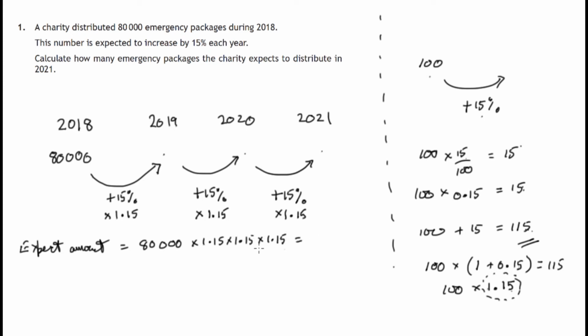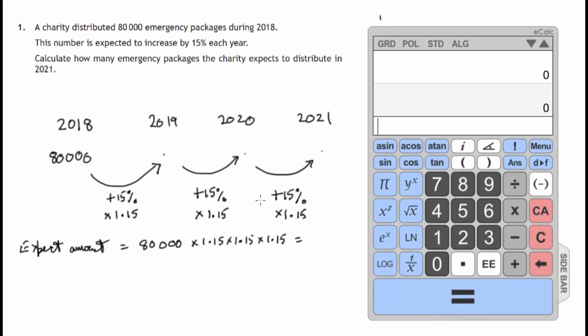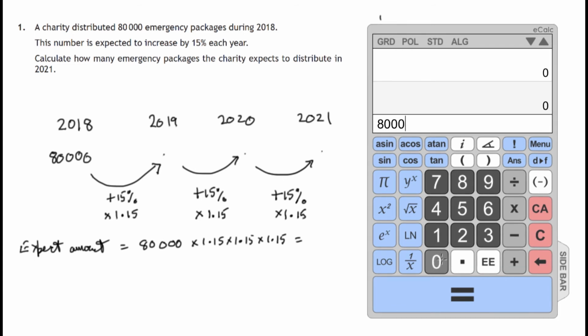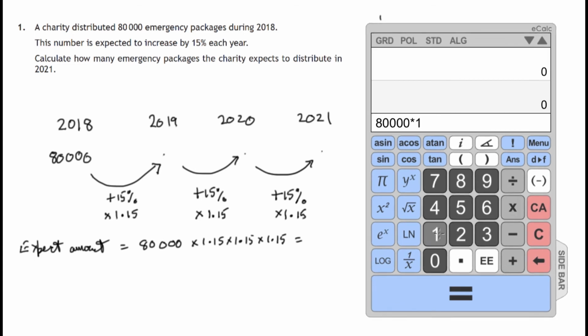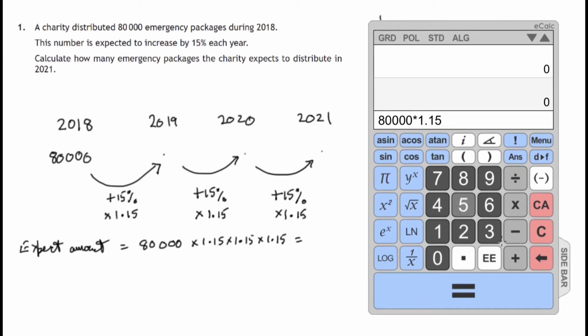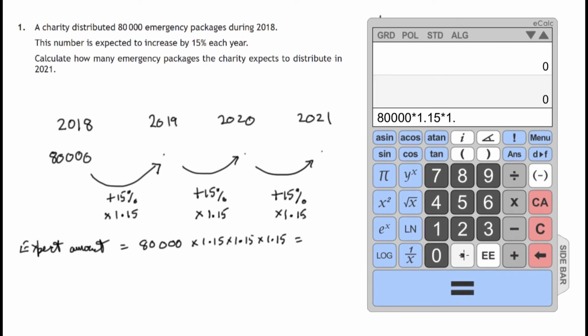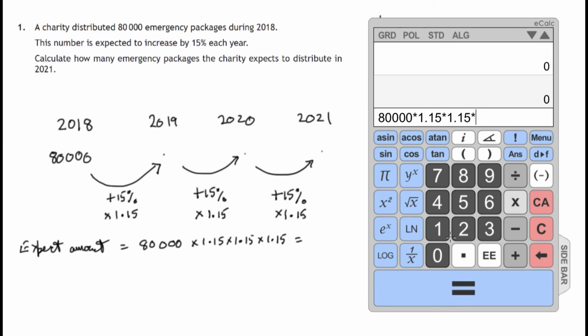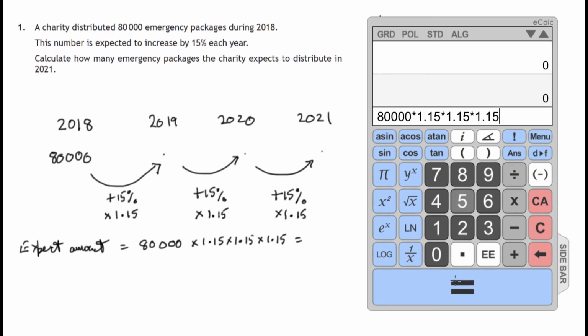Now there's a faster way to do that calculation, but nevertheless we'll work that out just now. So we'll have a look at 80,000, multiply it by 1.15, multiply again by 1.15, and multiply again by 1.15.